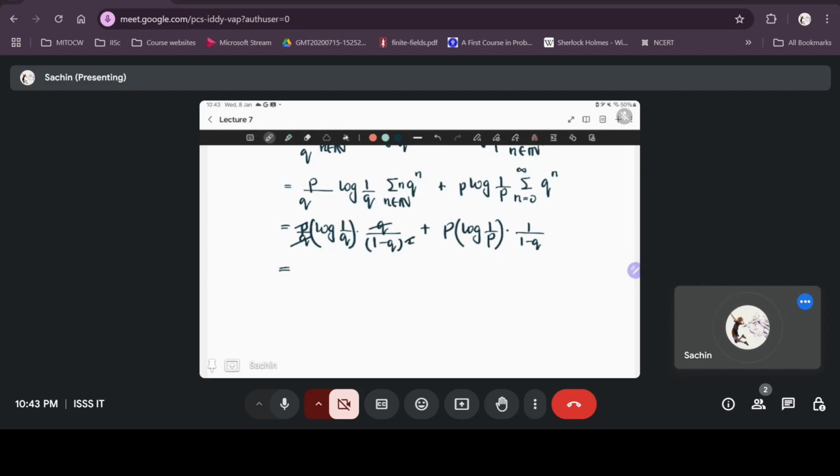So if you take out the 1 minus q common in both the terms, you'll be left with log 1 over q plus log 1 over p, p log 1 over p.